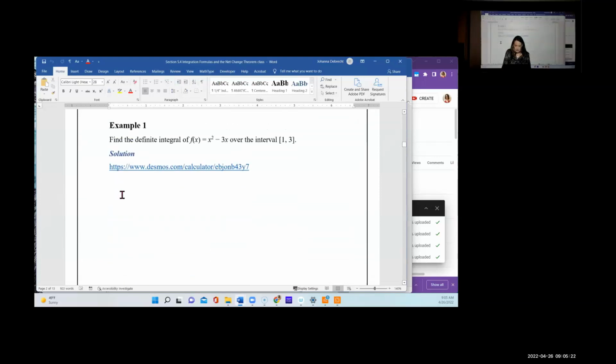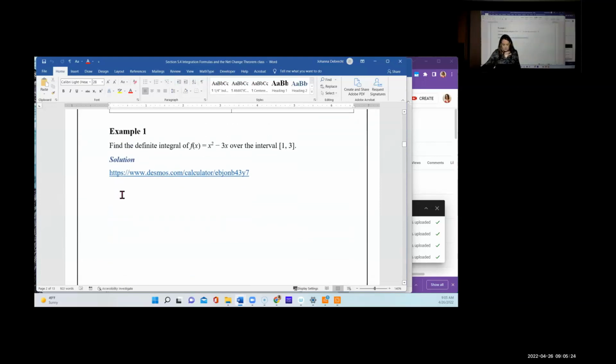Let's go ahead and start with example 1. We want to find the definite integral of the function x squared minus 3x over the interval from 1 to 3. So we want to find a way of integrating that function. The variable that we use is a dummy variable.